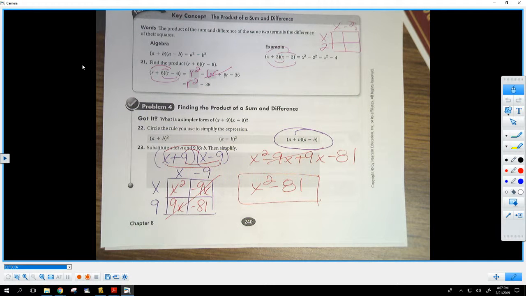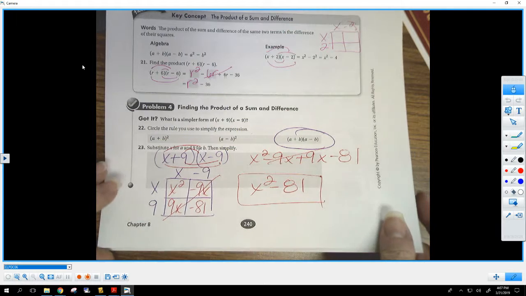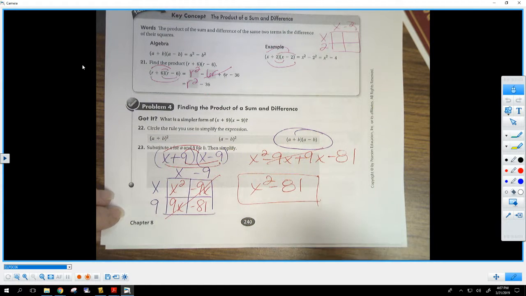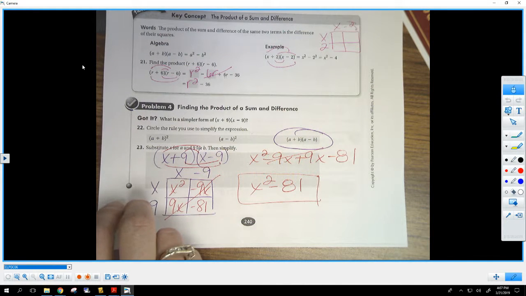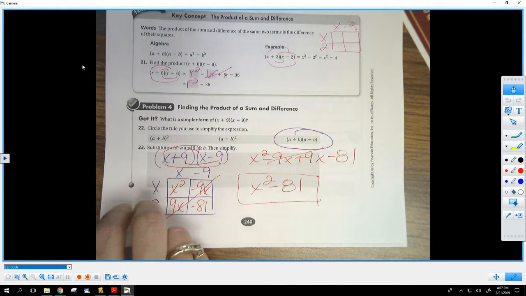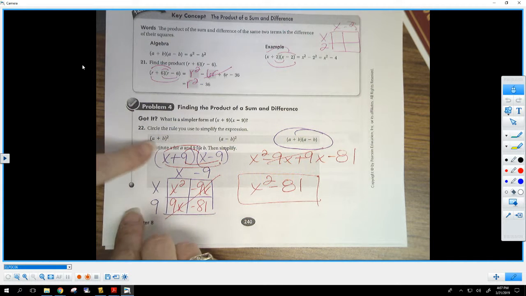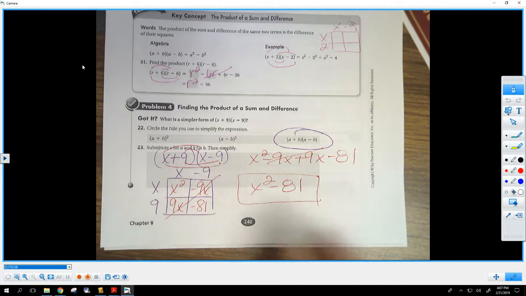Again, all of the examples, even though they gave me a more difficult or a different equation, we can simply say it's going to be FOIL, box method, or distributive property. You're going to use them the same. If it shows like this, you just write it A plus B times A plus B.